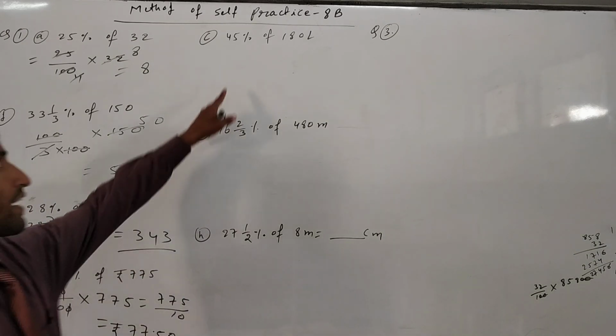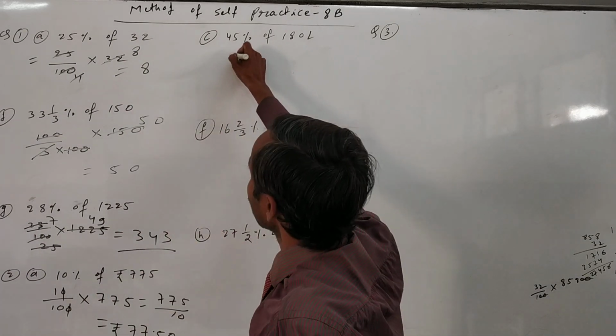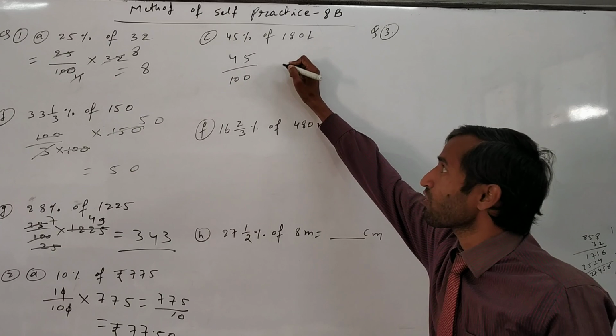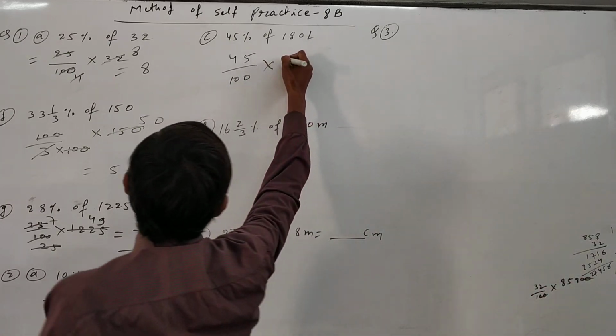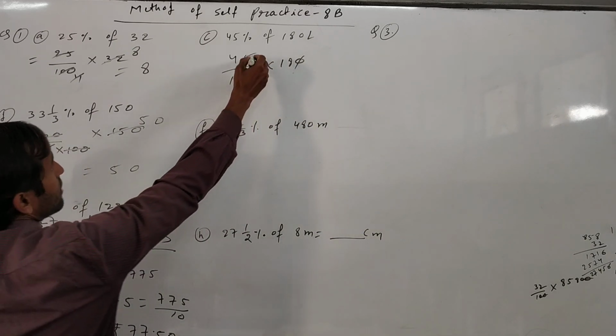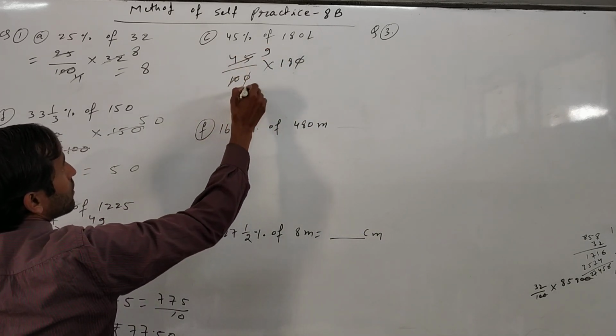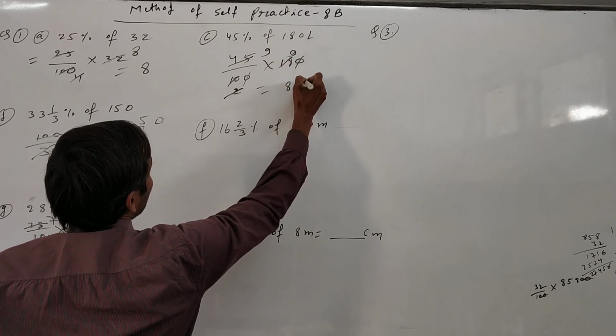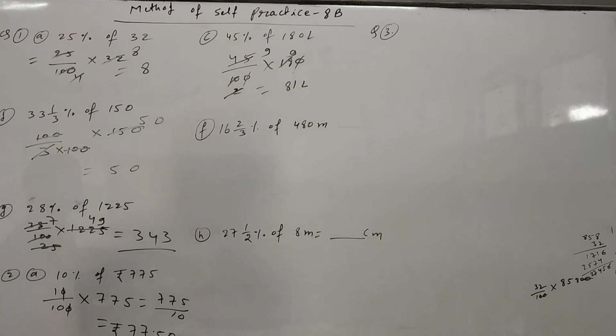Okay, now we are given 45%, and in place of percent just write upon 100. In place of of multiply 180. So 0 will cancel out. Now we can cancel by 5, 9 fives are 45, 5 twos are 10, cancel by 2, so 9 nines are 81. So it will become 81 meter.